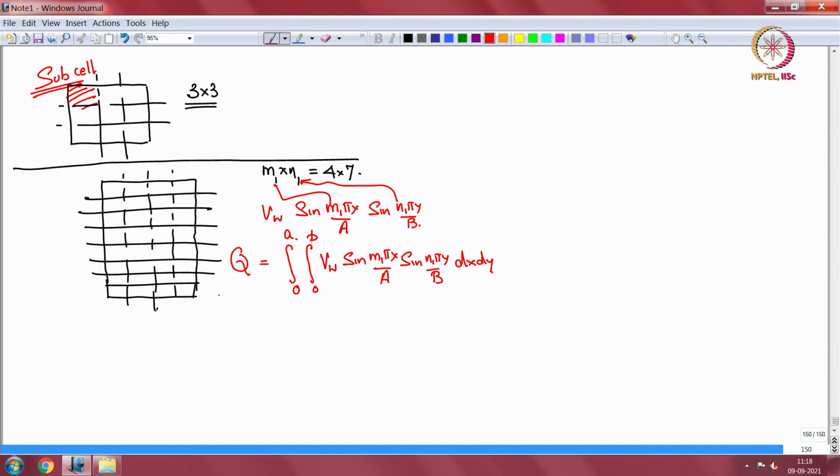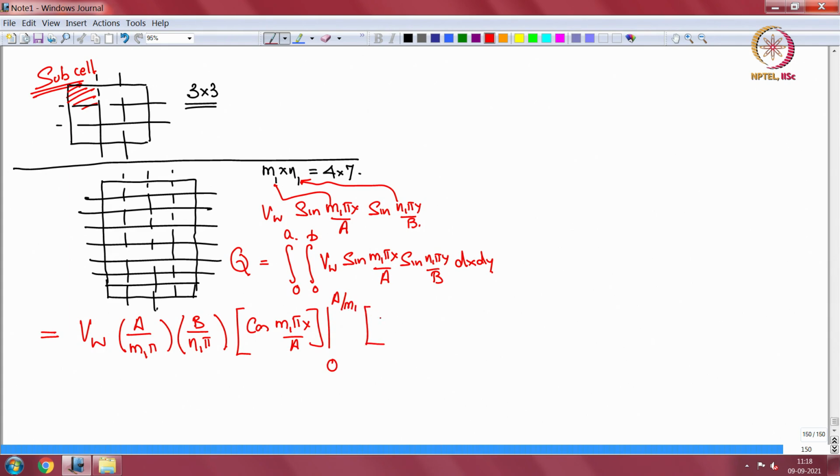Okay. So let me continue here. This is equal to VW A by M1 pi, B by N1 pi, cos M1 pi x by A with limits 0 and A by M1, cos N1 pi y by B with limits 0 and B over N1.